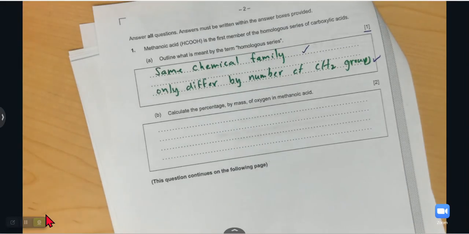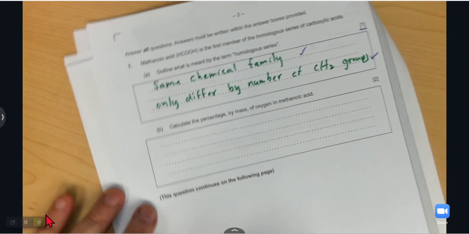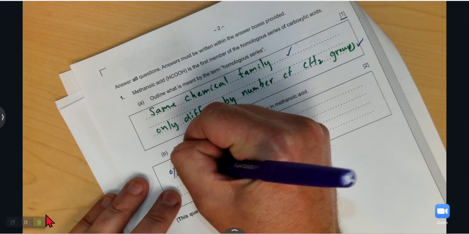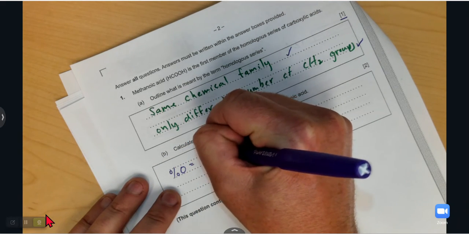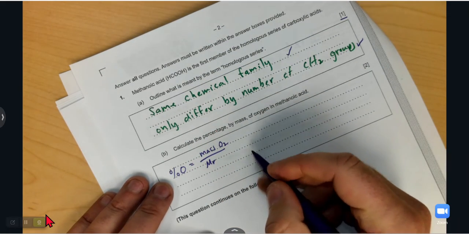Okay. Next, for part B: calculate the percentage by mass of oxygen in the methanoic acid. To do the percentage of oxygen, we just need to find the mass of oxygen and divide by the molar mass of the entire compound.